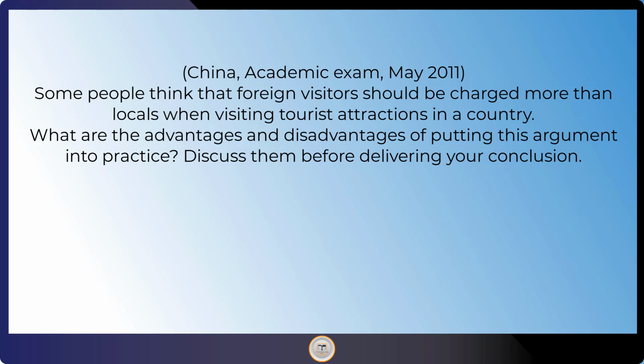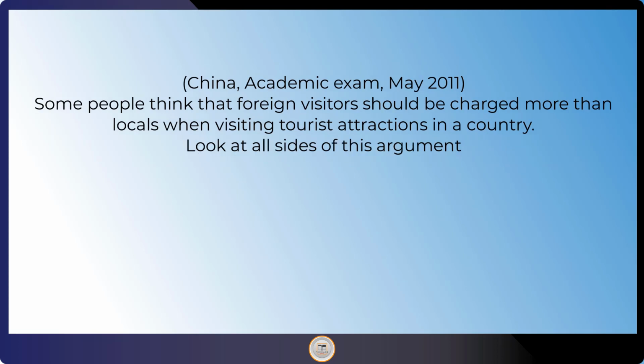Okay, oops. Look at all sides of this argument. I'll give you a few seconds. That would be a discussion style of response, because we're looking at all sides of the argument, which means the sides that support and the sides that refute. So, discussion style.